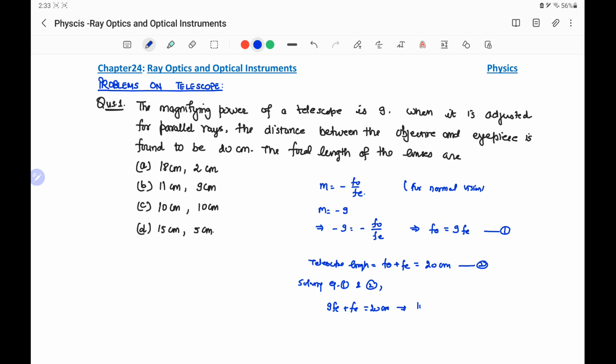This implies that 10 FE equal to 20, or FE, the focal length of the eyepiece, will be 2 centimeter. To find the focal length of the objective, we put the value of FE in equation 1. So from equation 1, the focal length of the objective is 9 times the focal length of the eyepiece, which is 9 into 2, equal to 18 centimeter. So the focal length of the objective is 18 centimeter, the focal length of the eyepiece is 2 centimeter, hence option A is the correct option.